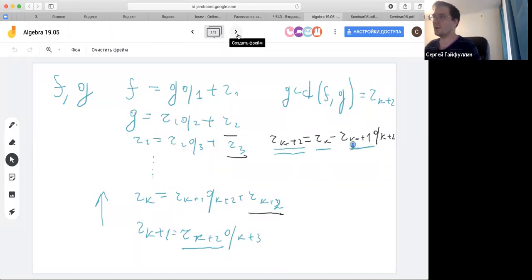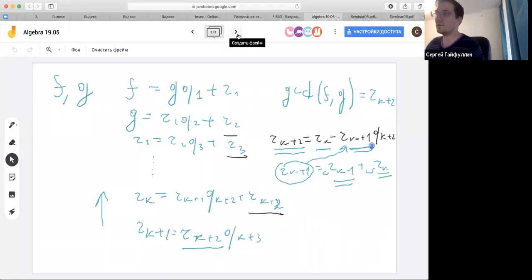Then we have a representation of rk+1 by rk-1 with some coefficient, and some coefficient by rk. So then we put rk+1 here by this, and we have a representation of rk+2 by rk-1 and rk here, here, and here.